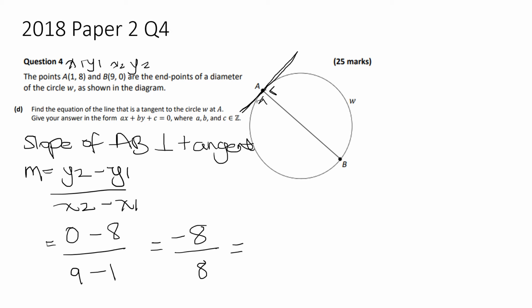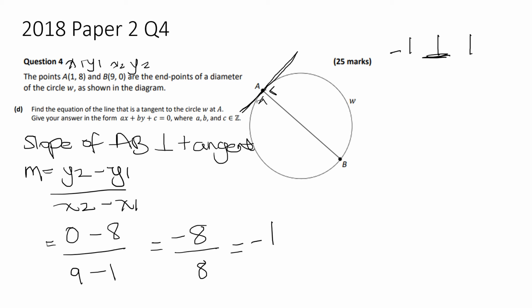And your calculator will actually simplify that for you and give you a slope of minus 1. So that means that A to B has a slope of minus 1. So if minus 1 is the slope of A to B, then the perpendicular slope to minus 1 will be 1, and that will be used for the tangent.